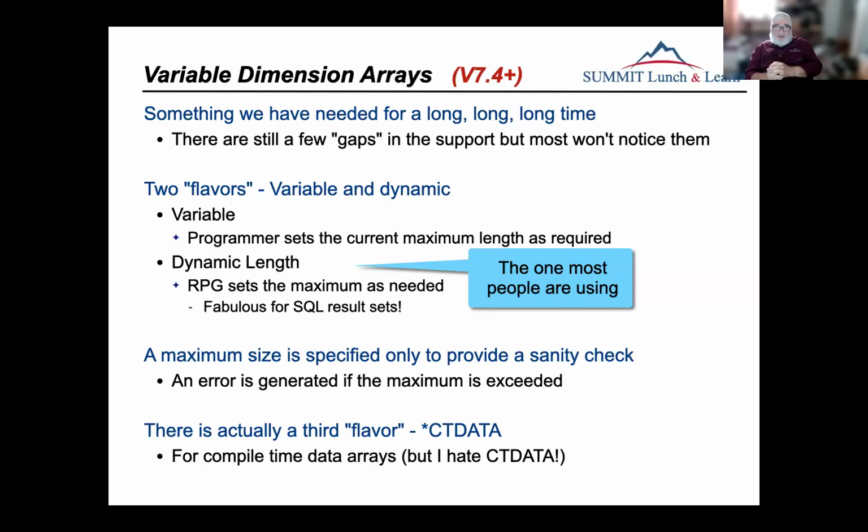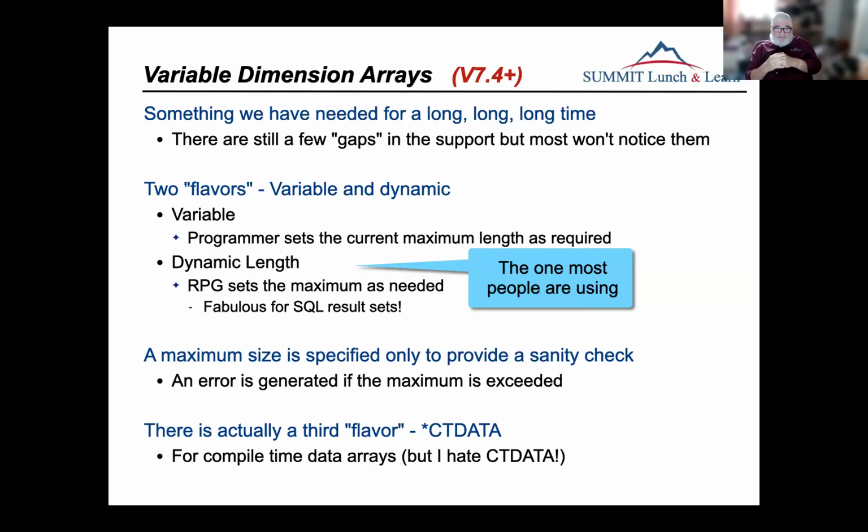So if you were processing a bunch of invoices or new products, and normally you don't deal with more than 100 at a time, you could tell the variable array you want enough capacity for 100 elements. Then if you get to 100 and there's still more to go, you can say, okay, it's one of those months, and bump the size up to, say, 200. That's a use for variable.